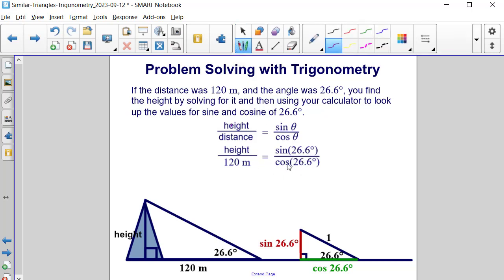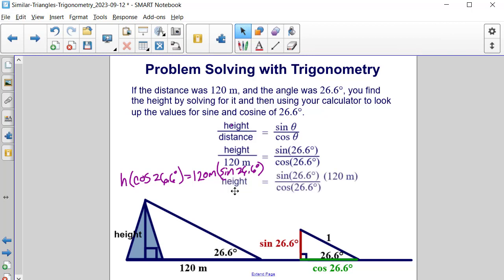And now if we cross multiply, we'll have that the height, unknown h, times the cosine of 26.6 degrees is equal to 120 meters times the sine of 26.6 degrees. And then if we divide both sides by cosine of 26.6 degrees, we will get that the height is equal to the sine of 26.6 degrees times 120 meters divided by cosine of 26.6 degrees.